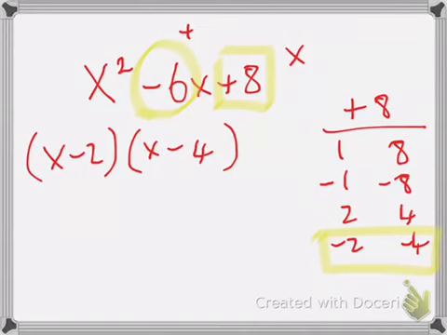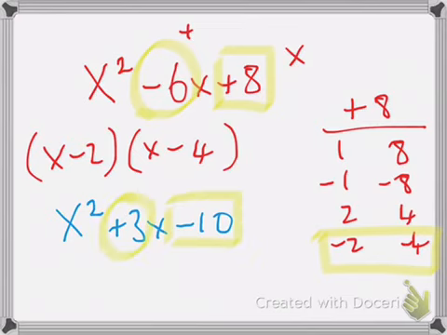Okay? And sometimes you get where c is a negative number. So for example, if you have x squared plus 3x minus 10. So you want two numbers that multiply to give you minus 10 and add to give you plus 3.